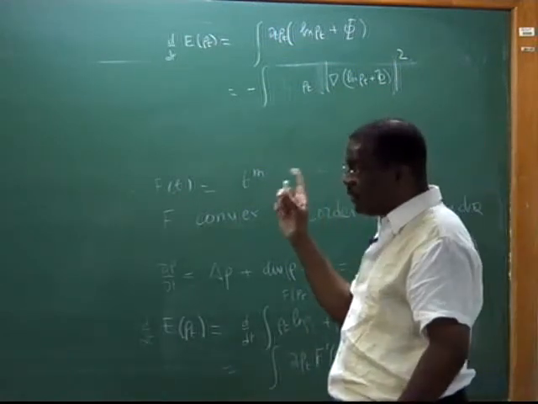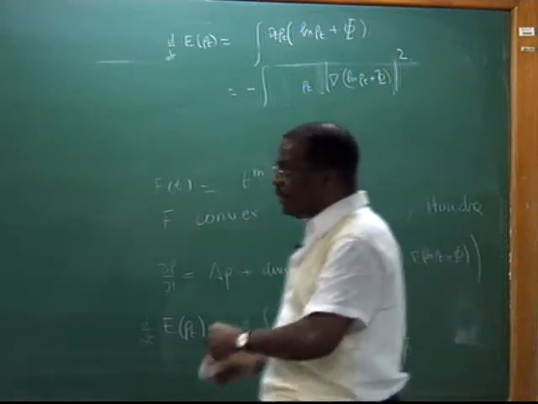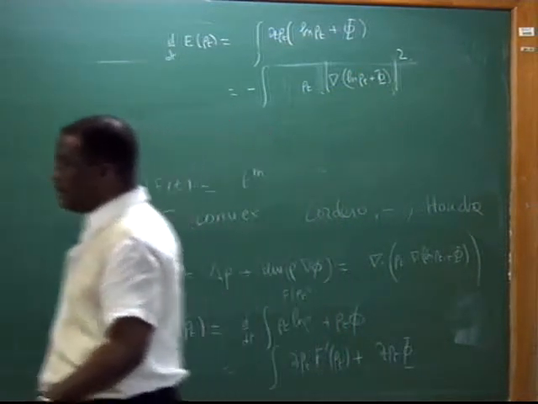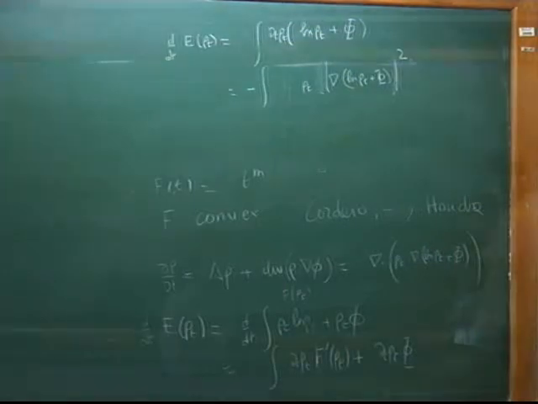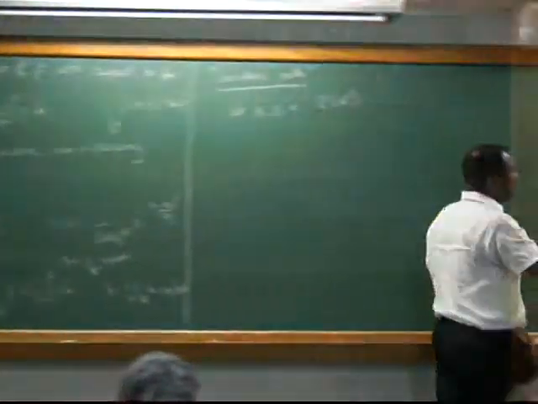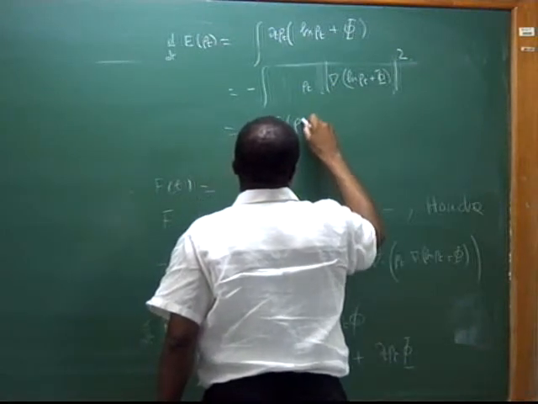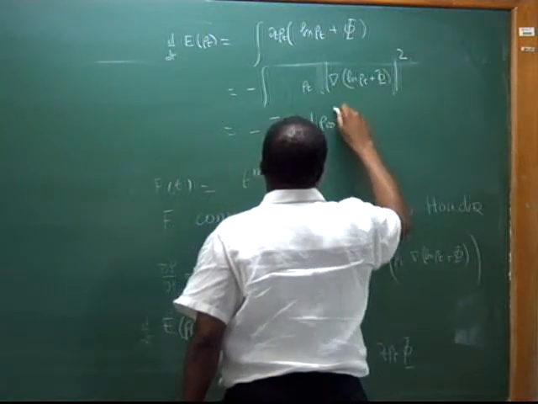Now, not only is it decreasing, but I know that, if I use this inequality, you see that here I got the Fisher information. This is negative I of rho t relative to rho infinity.